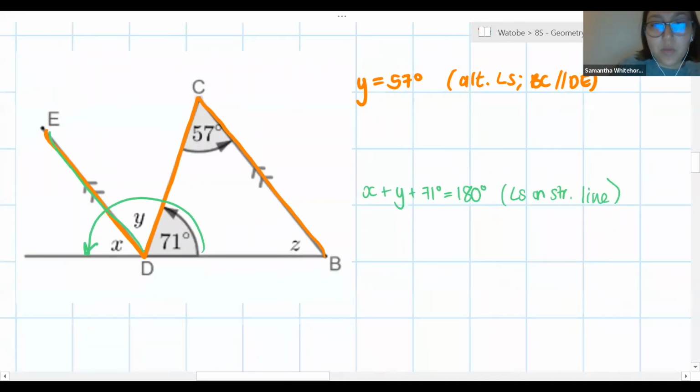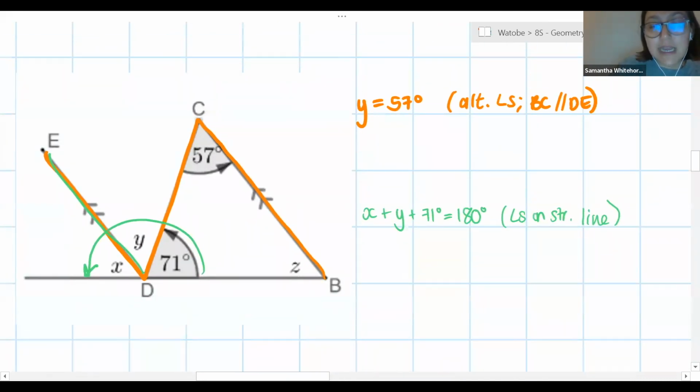And we know what Y is. So I can automatically say that this is actually X plus 57 plus 71 equals 180. So do you agree we can now solve for X? Yes, ma'am. Okay, cool. So what is X equal to? Okay, I'll use inverse operation, ma'am. Good.